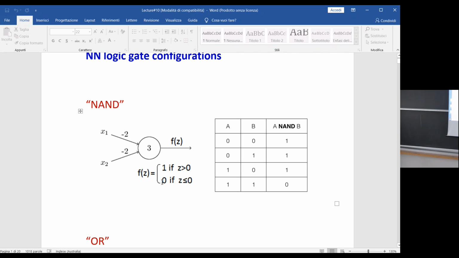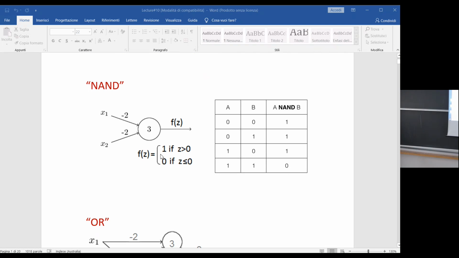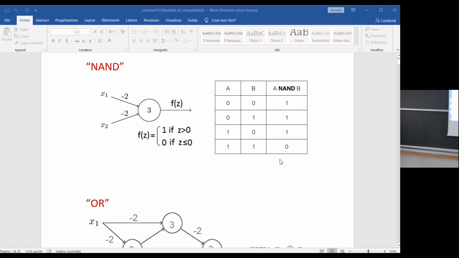The cutting function cuts to 0 all the values smaller or equal to 0, and if z is positive, it will be 1. So we can see that the table of NAND verifies. So 0, 0, the result 1; 0, 1, 1; 1, 0, 1; and 1, 1, 0. So not AND.